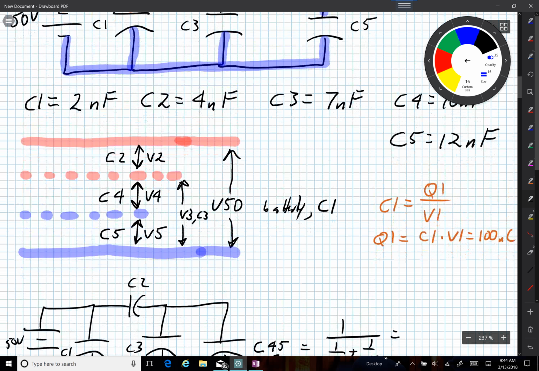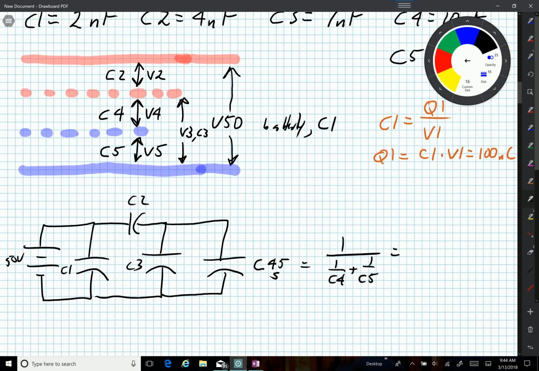And 4 and 5 are 10 and 12 nanofarads. So if I do that, I've got 10, 12, inverse, 5.45 nanofarads. That's C4-5 series. Okay.